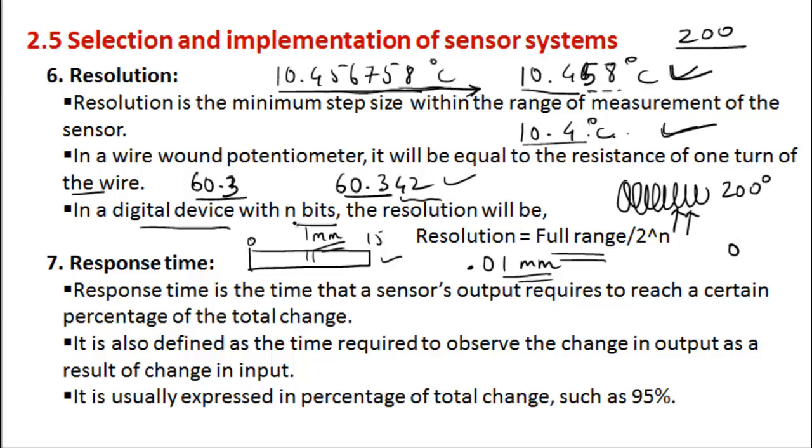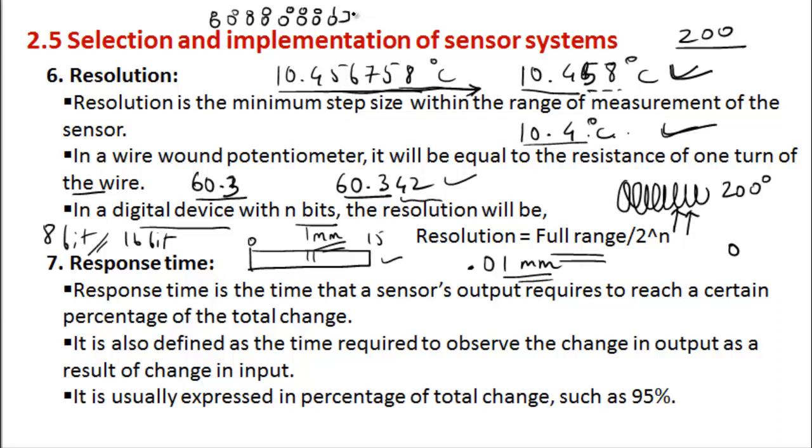And suppose the digital device you are using may be an 8-bit device or a 16-bit device. Now if it's an 8-bit device, what is the least count that it can show? It can show from 00000000 up to 00000001, so that one step is the smallest step.